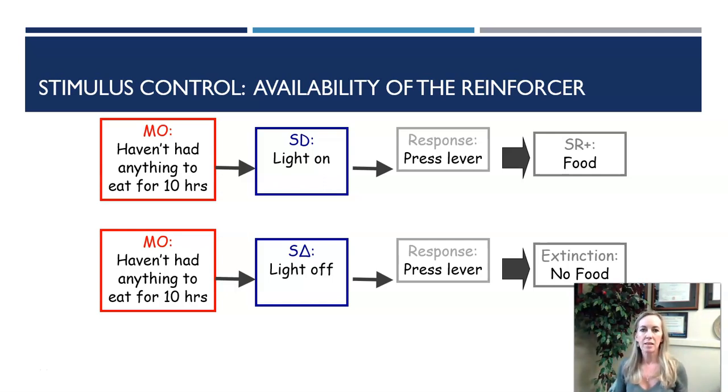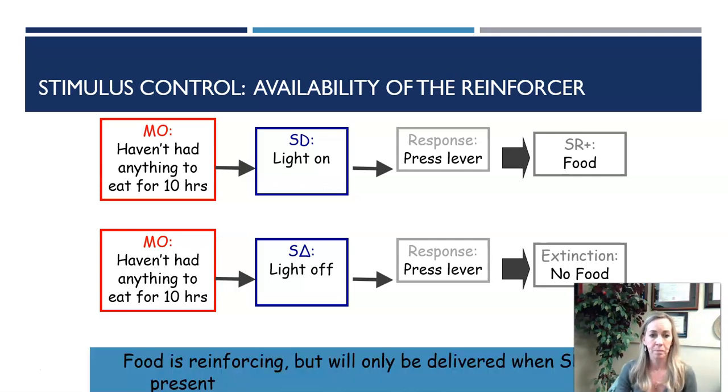But if the pigeon hasn't eaten anything for 10 hours, starving, it's probably going to be hitting that lever regardless, just trying to get that food, okay? So we know students who are in states of deprivation are going to have much more frequent behavior that accesses it. It's only going to be delivered, though, if that SD is available.